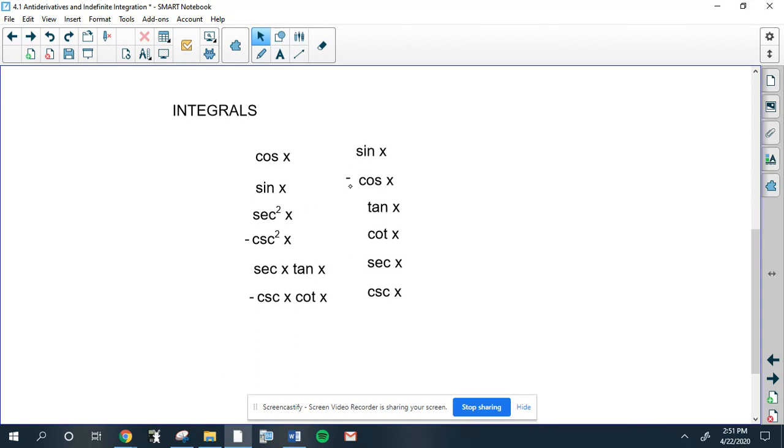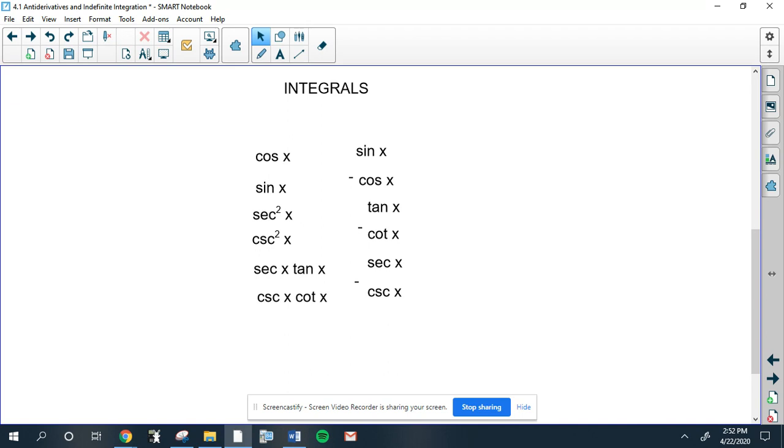Bring the negatives over with it. So there you have an easy integral chart. The integral of cosine is sine, sine is negative cosine, secant squared is tangent, and so on and so on. On the end of your notes, you'll see a more organized chart for that, but that's all there is to it.